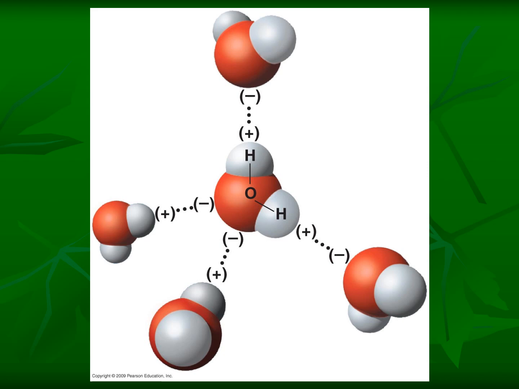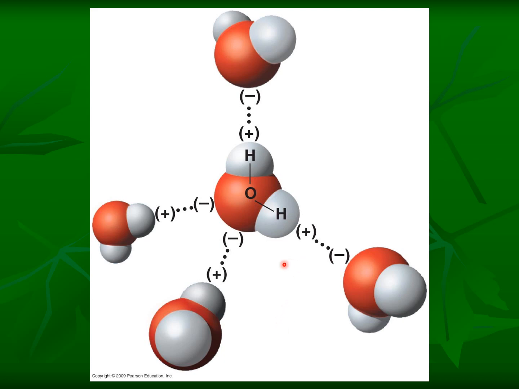So once again, if we're looking at the water as we looked at previously, the red is the oxygen, the white is the hydrogen. The oxygen being much larger pulls those shared electrons towards its end, so it becomes slightly negative. The hydrogen has the electrons being pulled away from it, so on this side it becomes slightly positive. Well, when you have a glass of water, it's not just one molecule, it's literally millions of them.